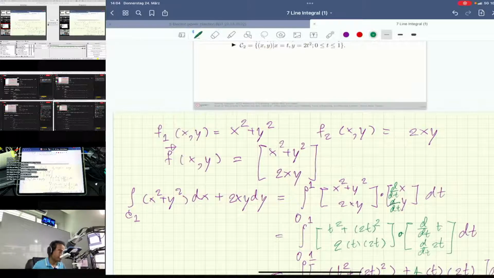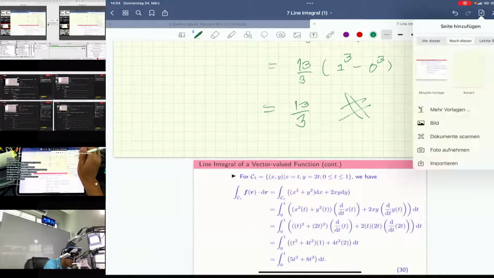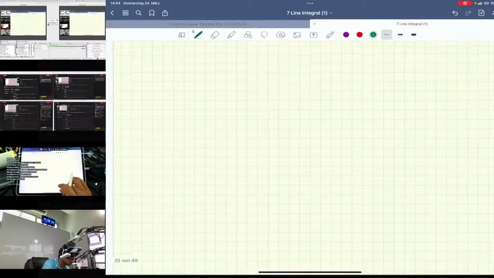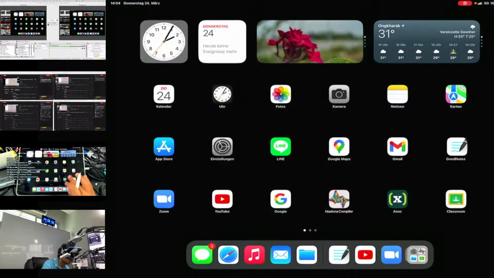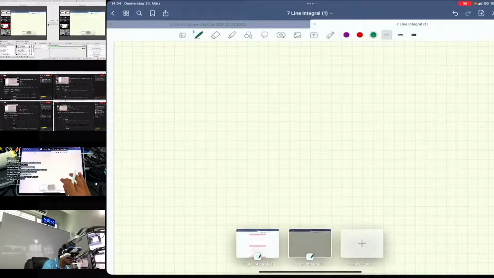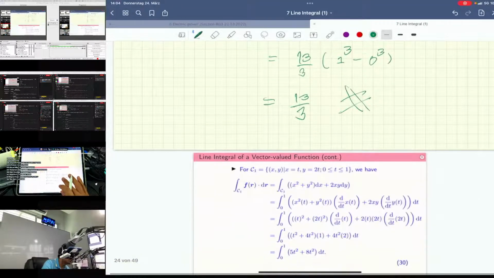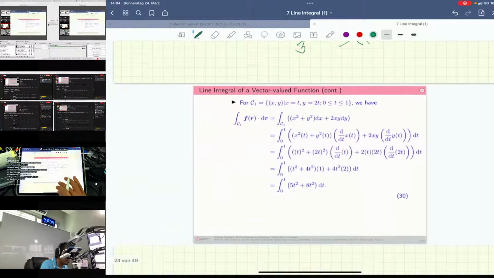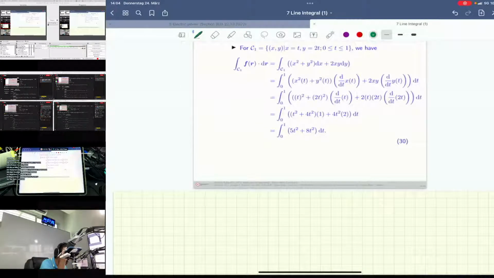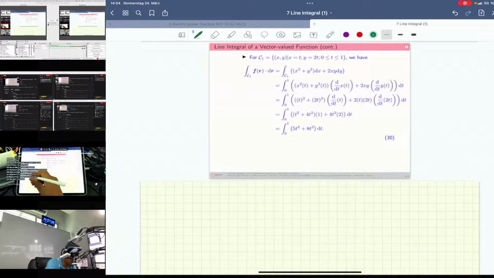Okay, let's do it for C2. Oh my god, oh I'm stupid. C2, okay, here, integration along curve C2 of f with respect to r, right?